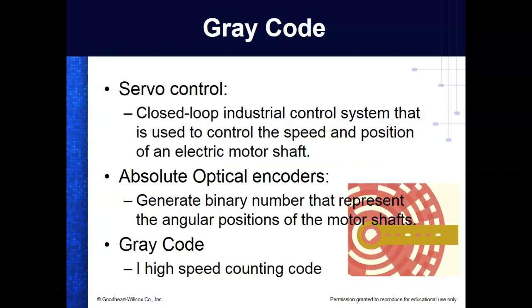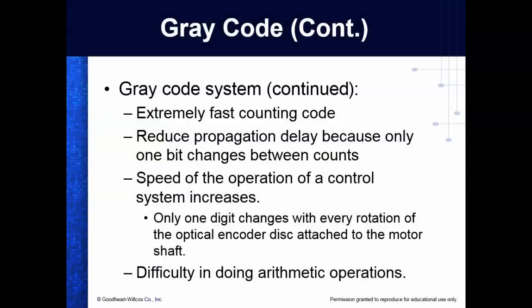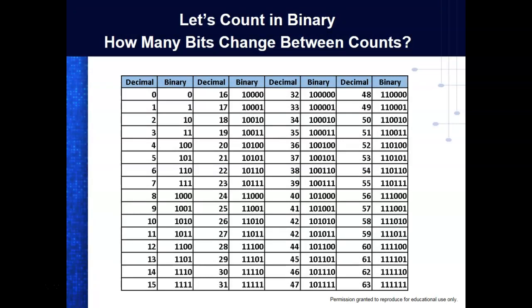So the problem we have with the binary code is that for every digit that changes, we would have to have that propagation delay. So if I was counting in binary, so here's binary over here. I'm counting from 0 to 1. How many bits changed? 1.